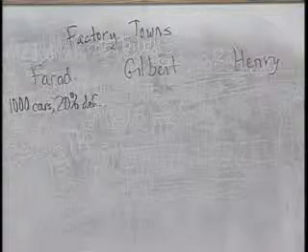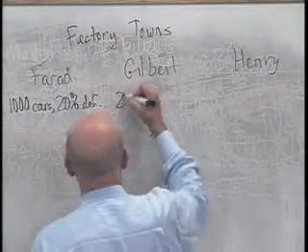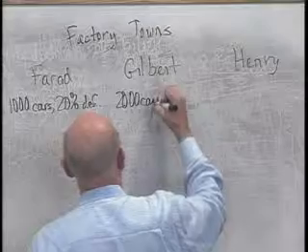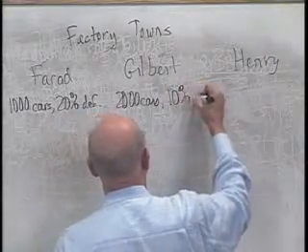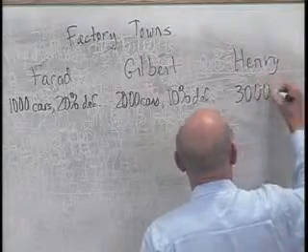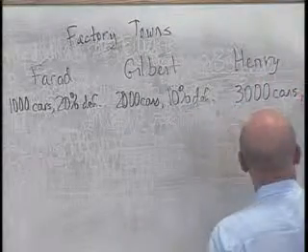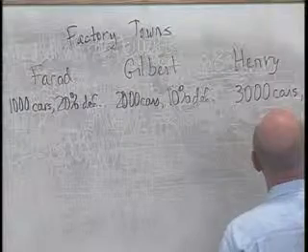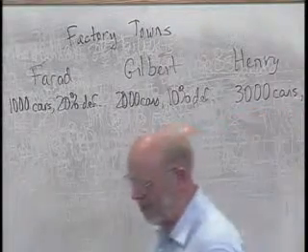In Gilbert, 2,000 cars were manufactured, and only 10% were defective. And finally, in Henry, 3,000 cars were manufactured, of which only 5% were defective.